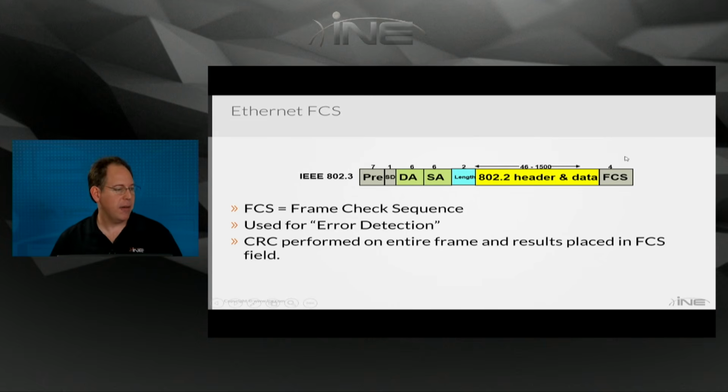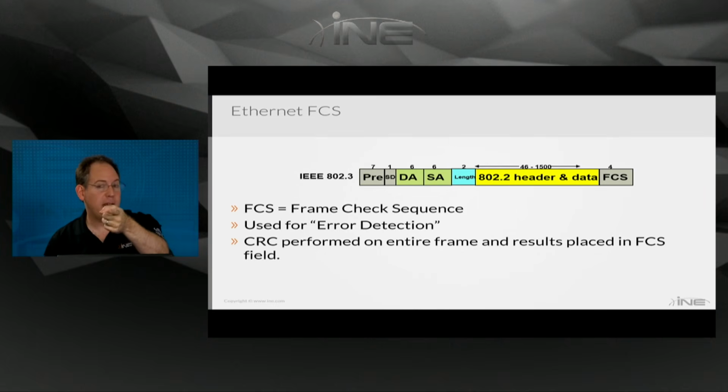And it puts that number into the FCS. So the idea is, when I send you this frame, you're going to take the exact same bits from the destination address to the end of the data, and you're going to run it through the exact same cyclic redundancy check. And you're going to compare the number that you came up with to the number that's in the FCS here.